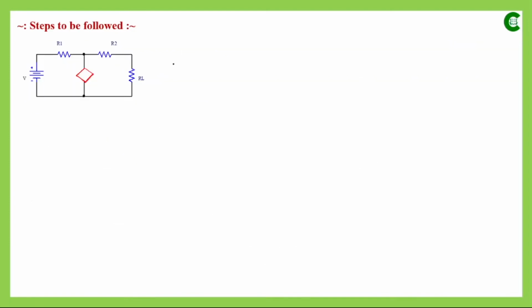So here again we have a DC network where we have one independent source, one dependent source and three resistors. In the first step, we will remove the concerned resistor through which we want to find out the current value. This RL is our concerned resistor, which is connected between the two terminals AB.